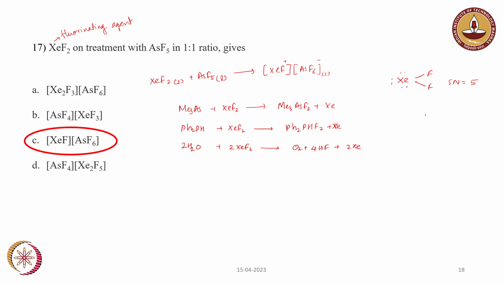So in TBP, what happens is that lone pairs will be placed on the equatorial plane to minimize the repulsion. So XeF2 will be linear, and the 3 lone pairs will be placed in the equatorial plane.